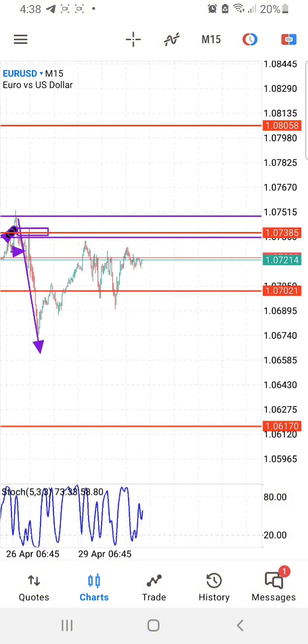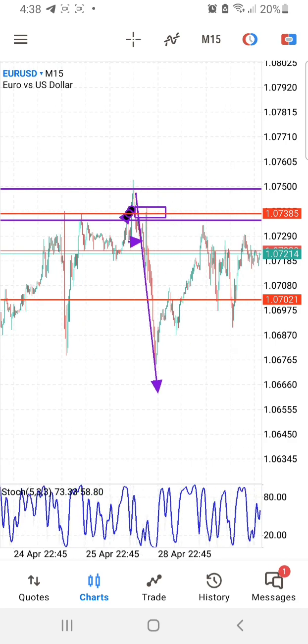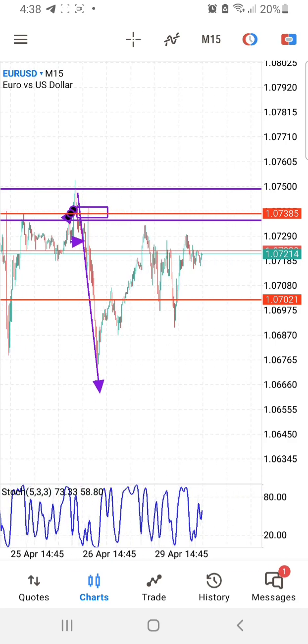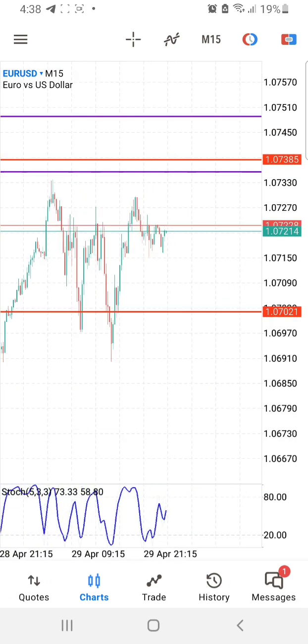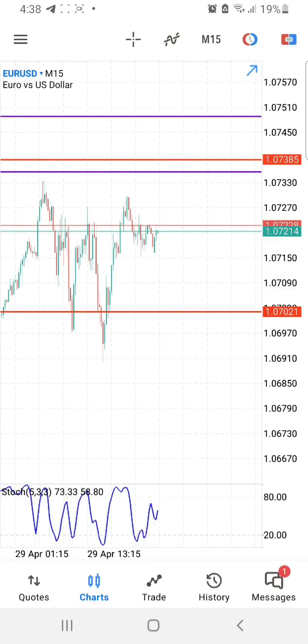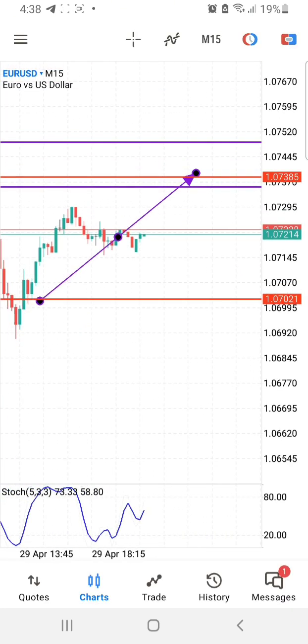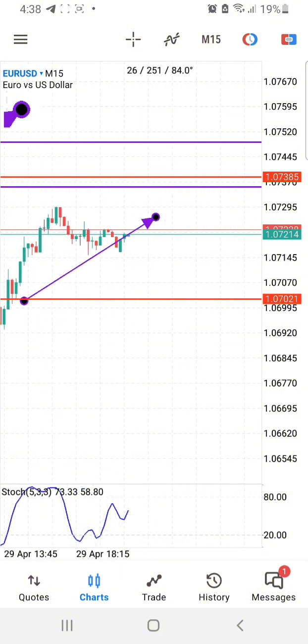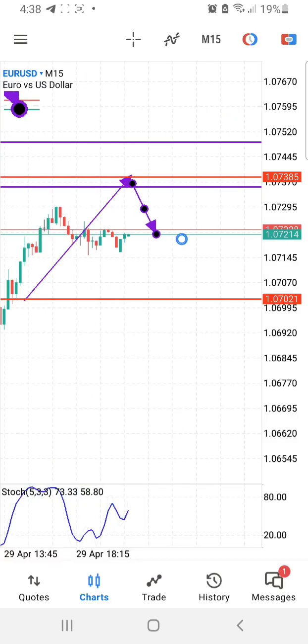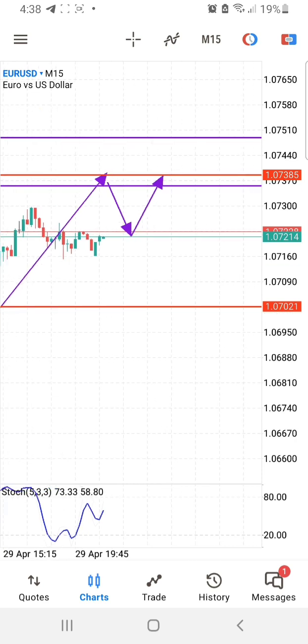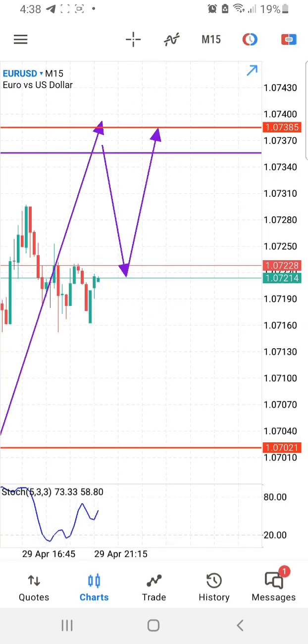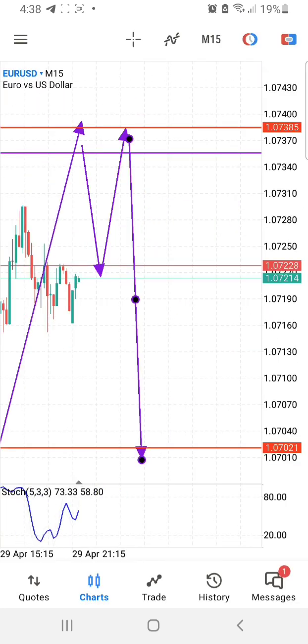But in terms of support and resistance, right? My setup hasn't come yet. My setup is here, right at this line. My setup hasn't come yet. So when the market comes here, it's highly likely that the market will be breaking down to here.